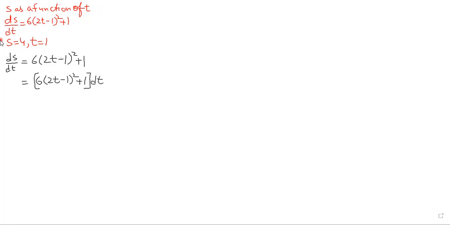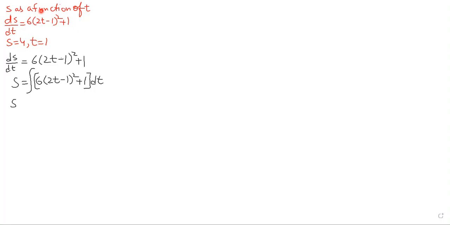And when I shift this d on the other side, this d is representing differentiation, so it will be shifted into an integration sign. So s equals the integral of the given expression with respect to t. This is my working over here.